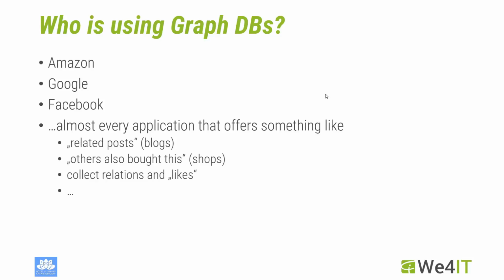Google, of course, is indexing websites and topics and movies and images and whatever. Facebook, the classic one, is using GraphDB. If you like something that a friend of yours posted, then you are creating a relation because you are liking a post from a friend or from whoever. And even the friendship is a relation. And I think this is the most common description of how a relation works. A friendship is a relation.